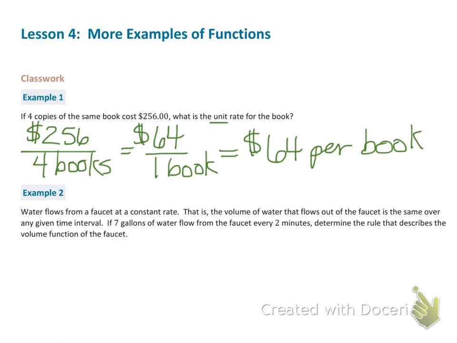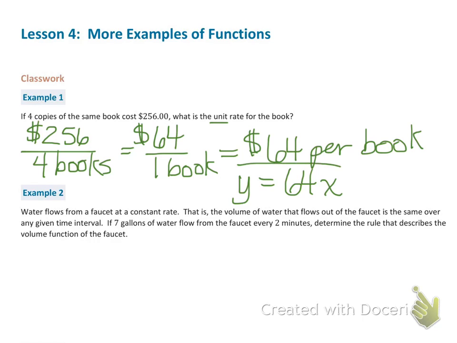So we could ask, what cost does the function assign to 3 books? Okay, well first let's write the function rule. This one we can write a function rule. The total cost, y, is going to equal $64, which is the unit rate, times the number of books that we get.